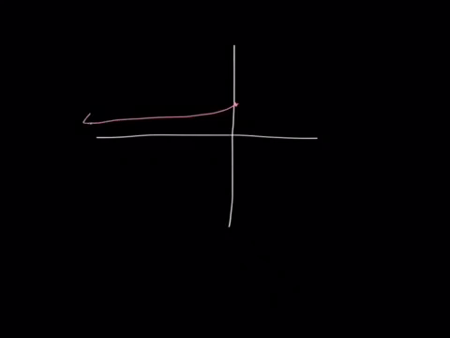So now I know so far it will definitely go through the point (0, 1). It will tend to 0 on this side, but it will never reach 0. And on this side, I will see that it very quickly grows.